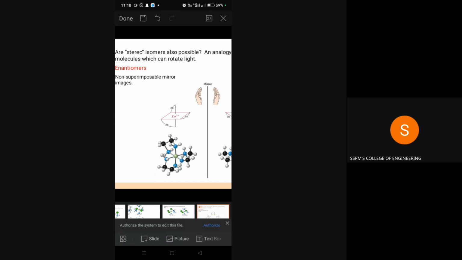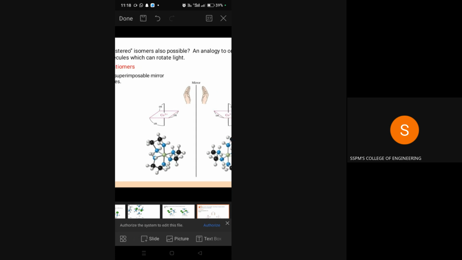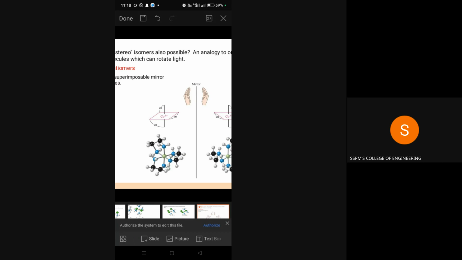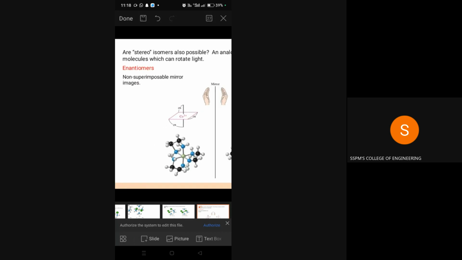If you take a mirror in front of that compound. सपोज तुम्ही मध्ये जर मिरर ठेवलीत आणि दोन्ही कंपाऊंड जर साईडला ठेवले तर तुम्हाला ते दोन्ही मॅच झालेले दिसतील, पण ऍक्च्युअल मध्ये ते मॅच होणार नाहीयेत. So enantiomers are non-superimposable mirror images of each other.